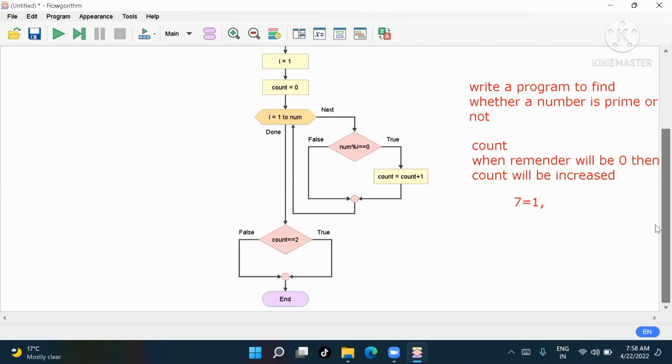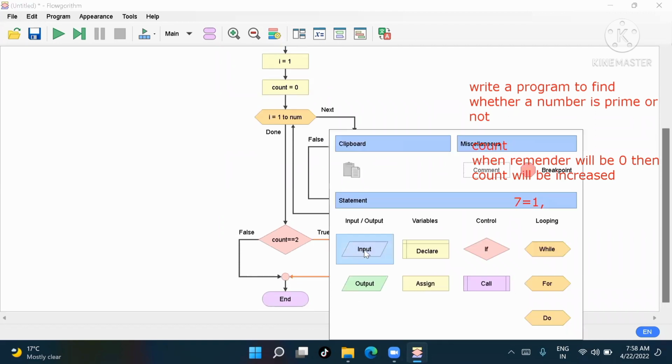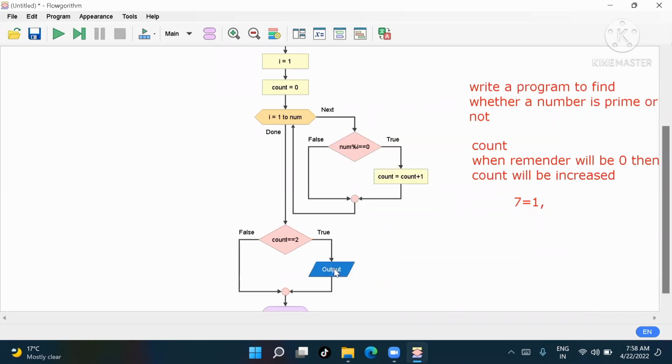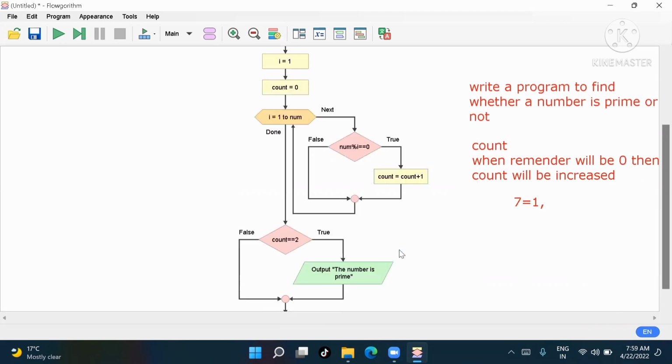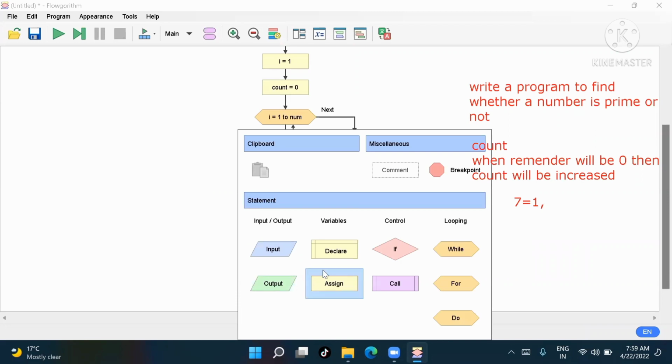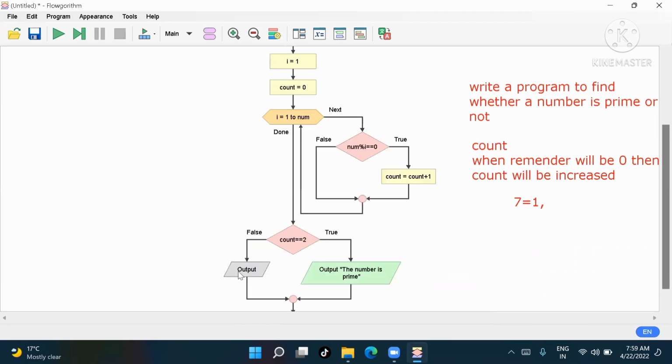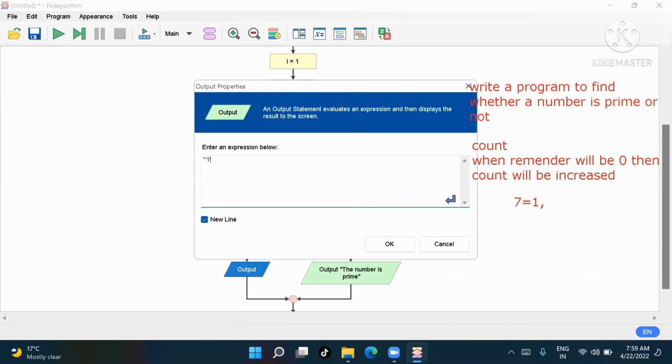Then the number is prime, otherwise the number is not a prime. Understood? The number is prime, right? Otherwise the number is not prime.